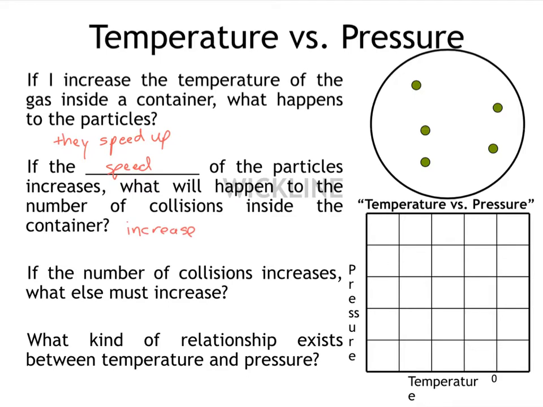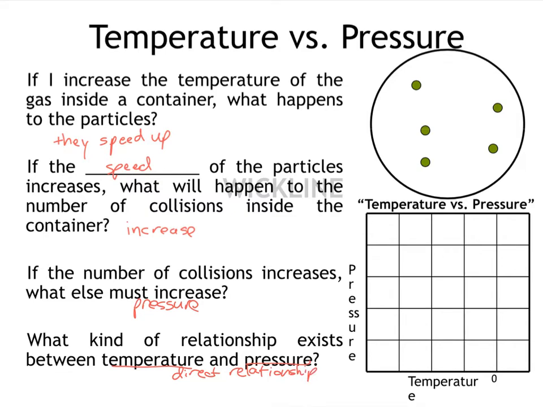And if the number of collisions increases, the other thing that has to increase is pressure. So that means that between temperature and pressure, we have a direct relationship. And I say that because if you increase the temperature, you increase collisions, and if you increase collisions, you increase pressure.